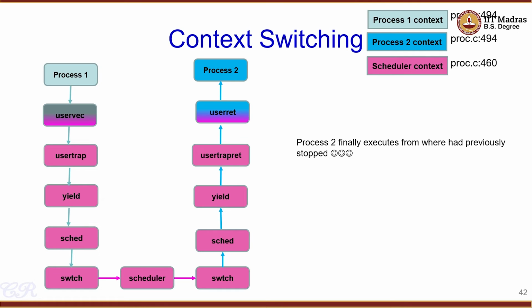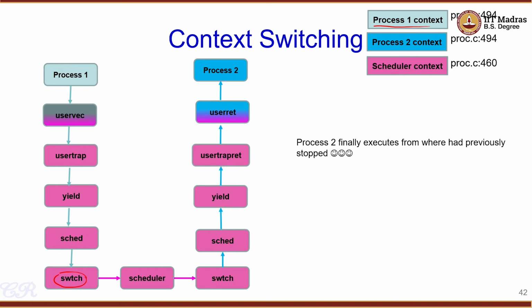The important thing to remember over here is that while all of these are happening, process 1's context, which is stored due to this switch statement, corresponds to proc.c 494.